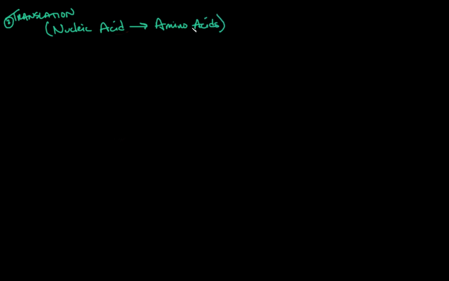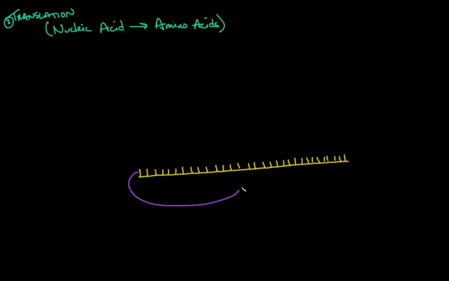Okay? And so I'm going to draw a diagram here, and it's going to get a little complicated, but what I'm going to do is draw my mRNA sequence, and each of these lines is a nitrogenous base. All right, and then what we need to know is that there are two parts to the ribosome.